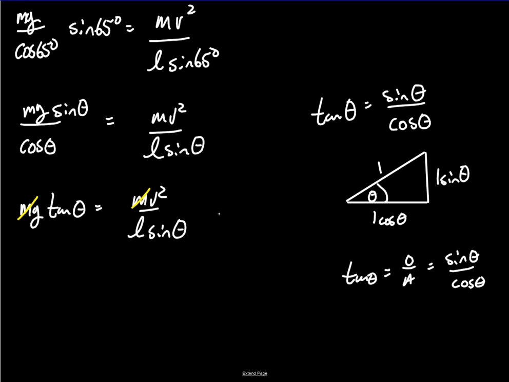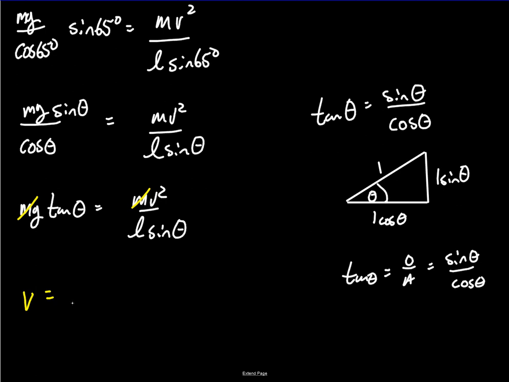Okay, so now all we need to do is solve for v squared. So let's see here. V should be equal to g tan theta over L sine theta. Oh, no, sorry, that's not how the algebra works. We're going to multiply that off.